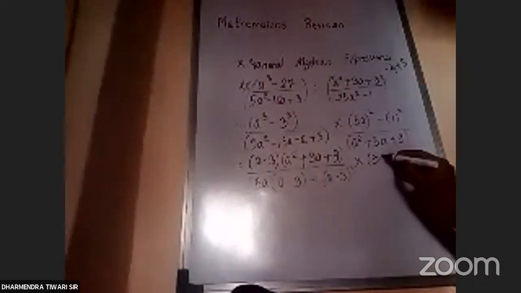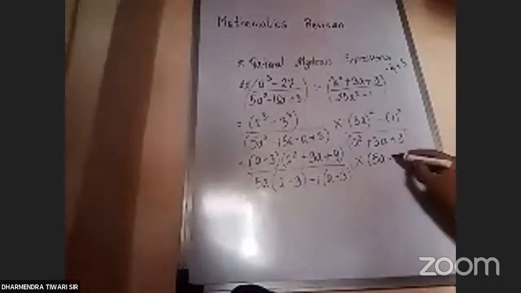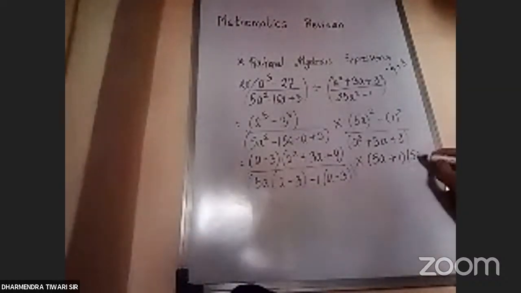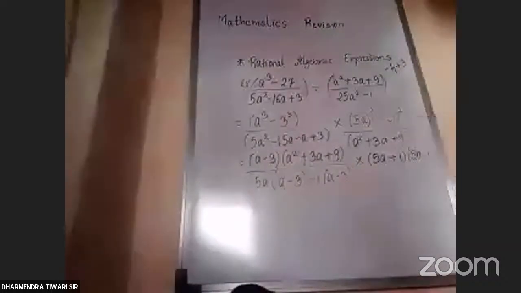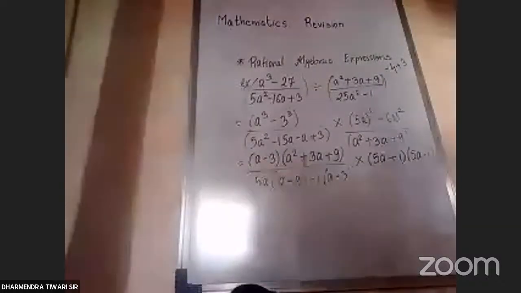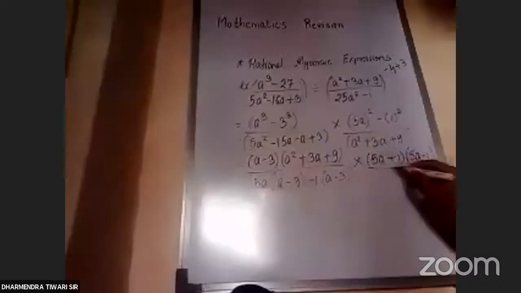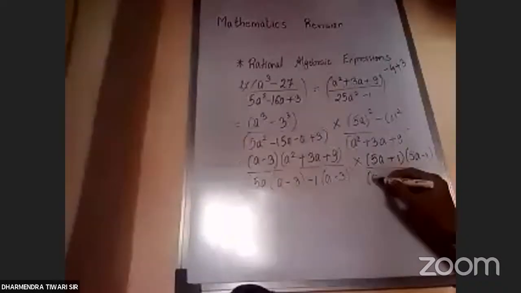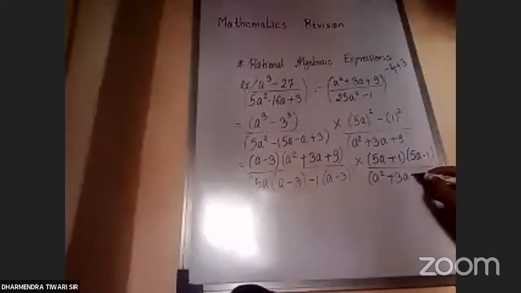So 5a plus 1 into 5a minus 1. The formula a square minus b square is a plus b into a minus b, divided by a square plus 3a plus 9.